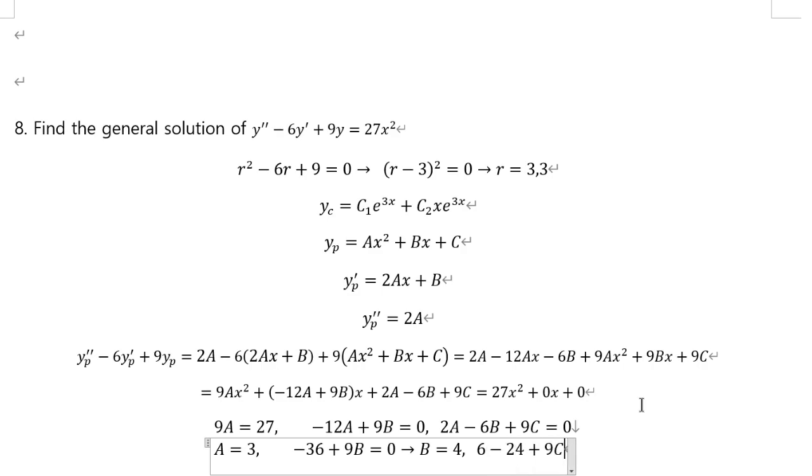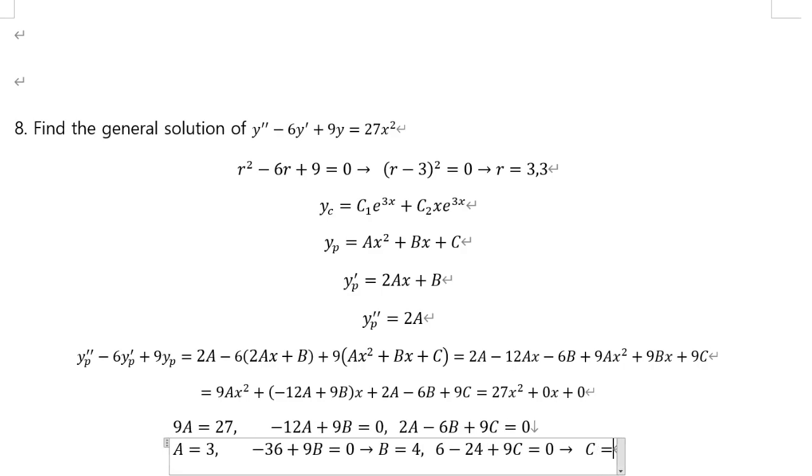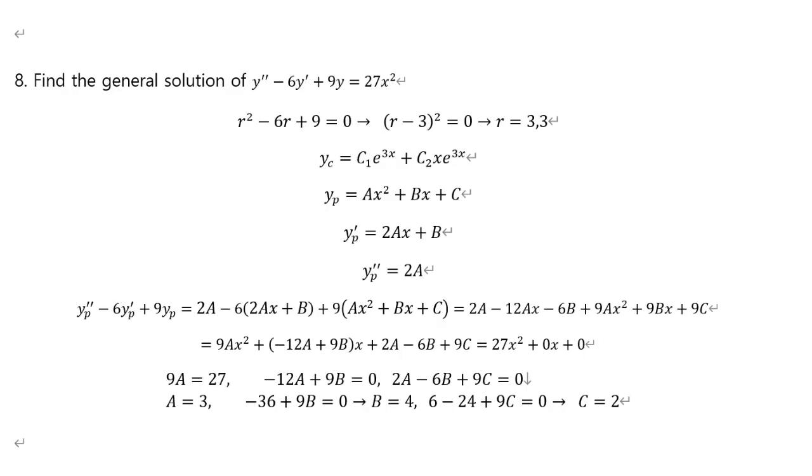Plus 9c is equal to 0. And I see that c is 2. So finally we see that the yp, whose coefficients we didn't know, must be 3, and then 4, and then 2.